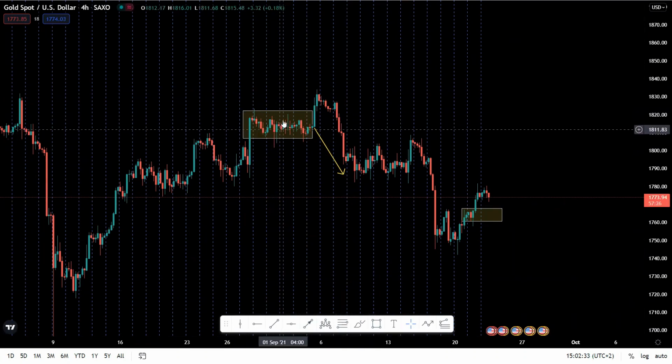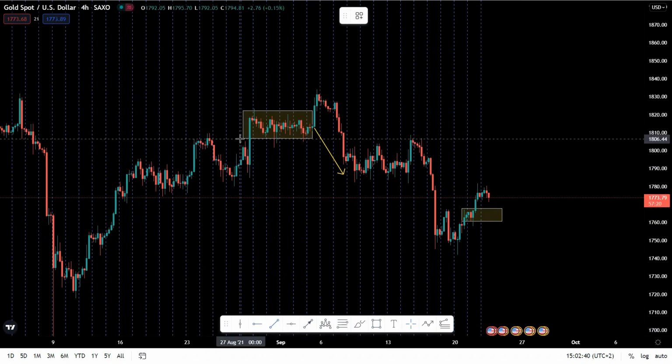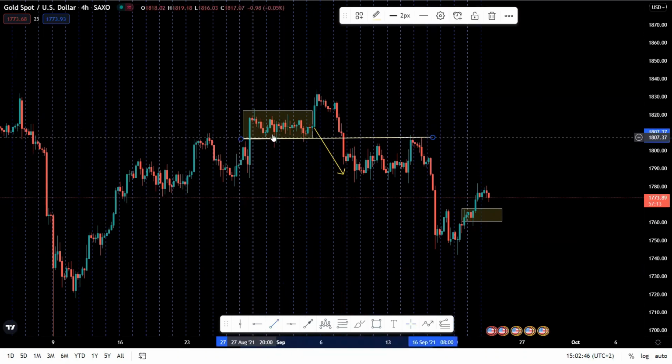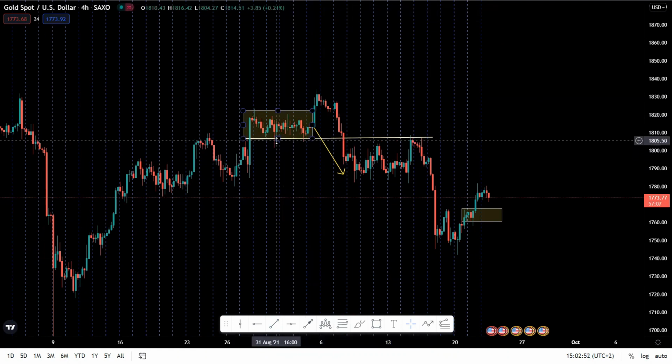So here was a market structure. On this same market structure, you can see that there was a demand level which the market was playing at, this one here on this horizontal line that I've just put there.